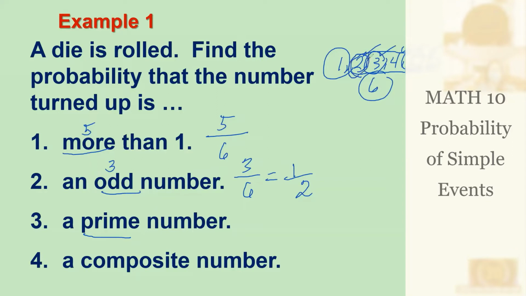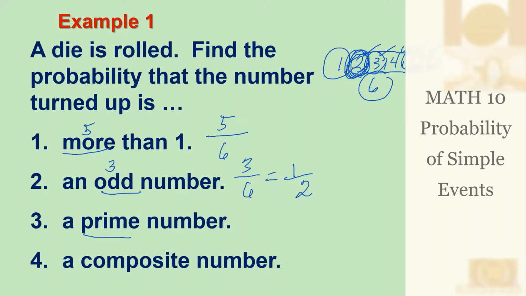Is 2 a prime number? Thumbs up if 2 is a prime number. So 2 is a prime number because you cannot think of other factors aside from 1 and itself, aside from 1 and 2.